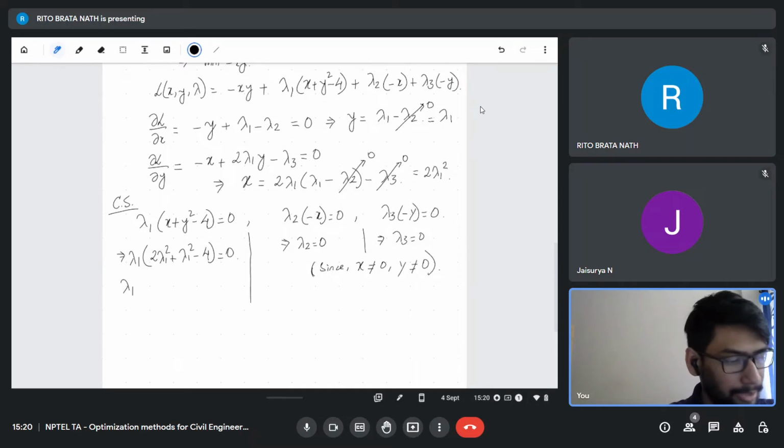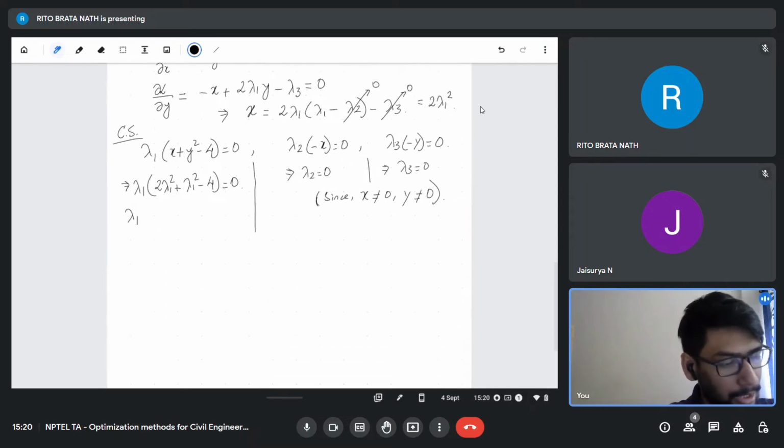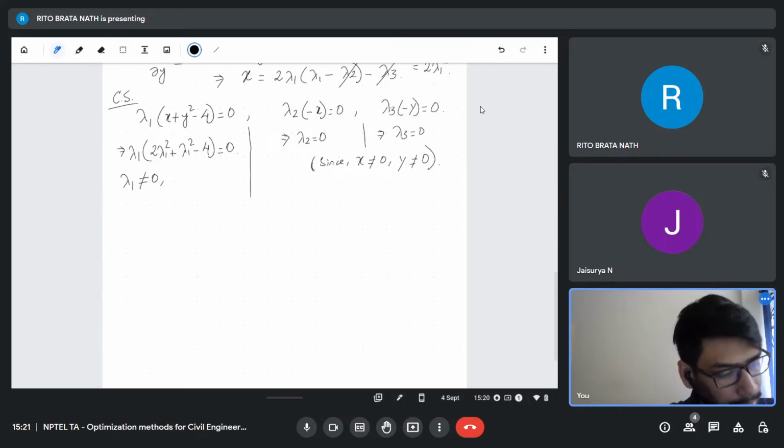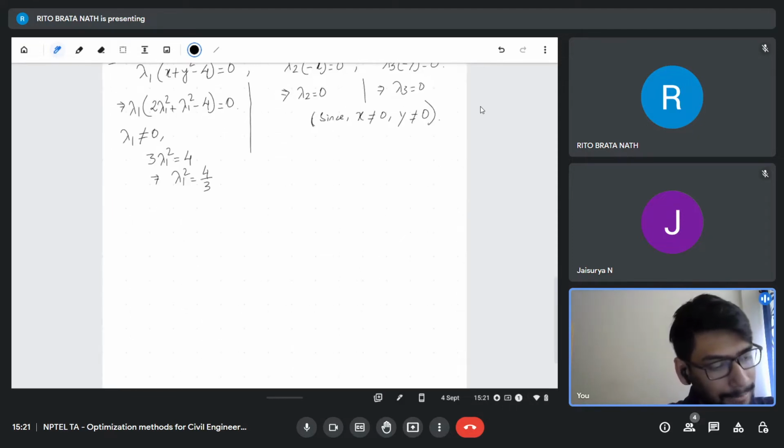So that we don't want. Since lambda 1 is not equal to 0, we are left with 3 lambda 1 square equals 4. So the rest of the term should be 0, and you are getting lambda 1 square equals 4 by 3, and lambda 1 is 2 by root 3.